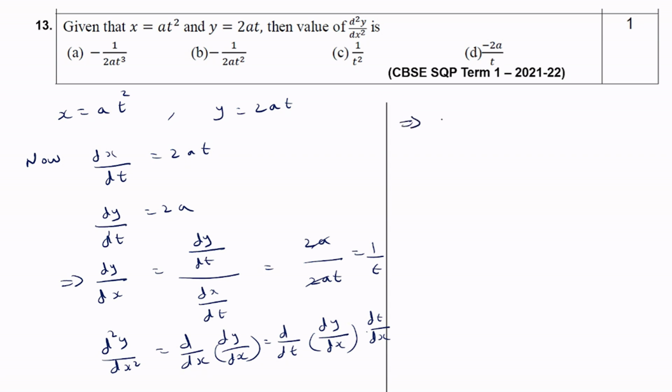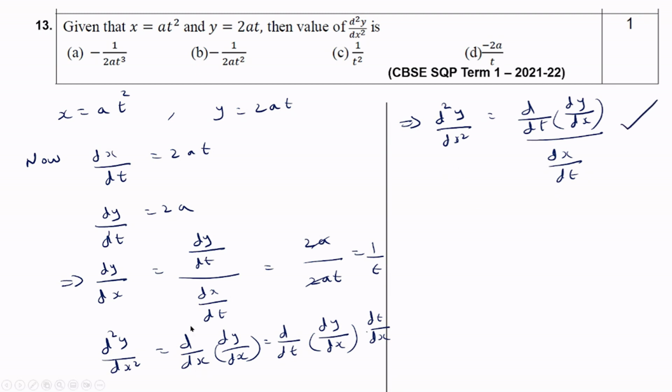As a result, we have d square y by dx square as d by dt of dy by dx, the whole thing divided by dx by dt. So it will be easy if we remember this relation between d square y by dx square when we get dy by dx as a function of t.